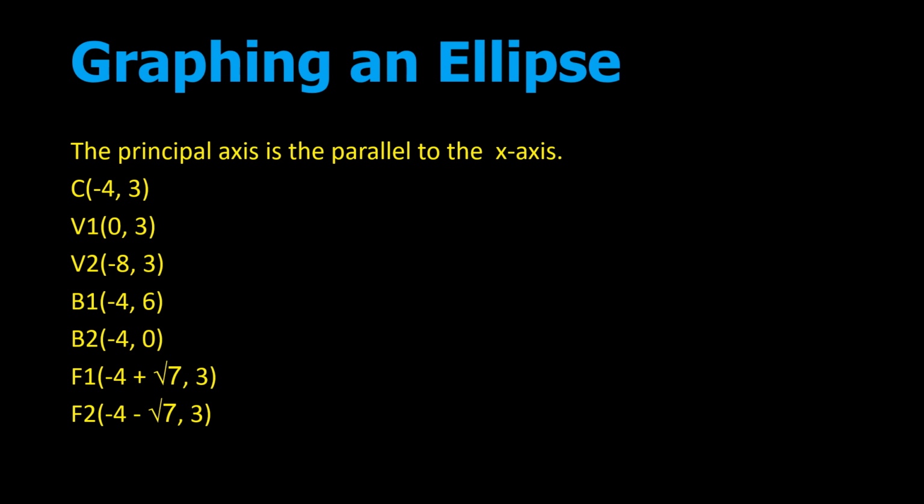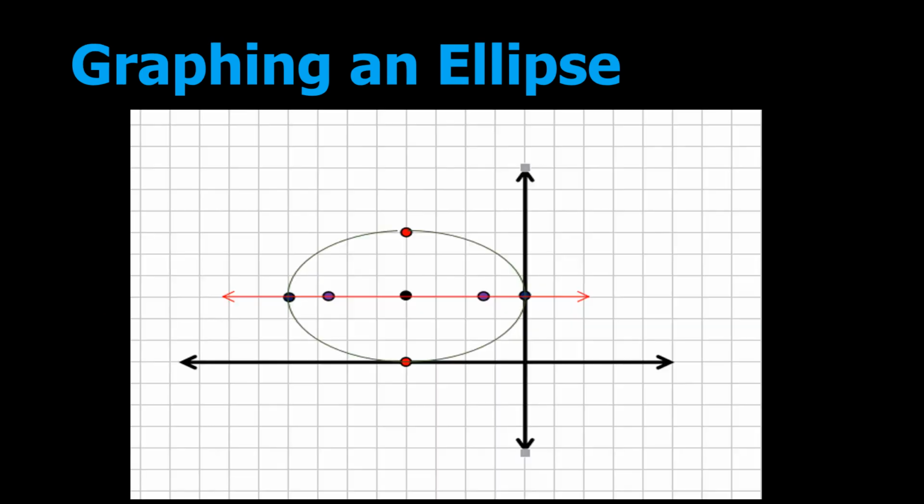And for the foci, we will add and subtract the value of C, which is square root of 7, to the abscissa of the center. So we have here negative 4 plus square root of 7, 3. And the other point is negative 4 minus square root of 7, 3. And then here is the graph.